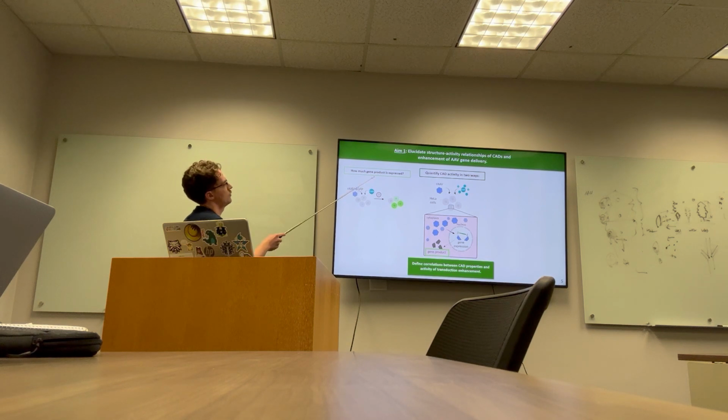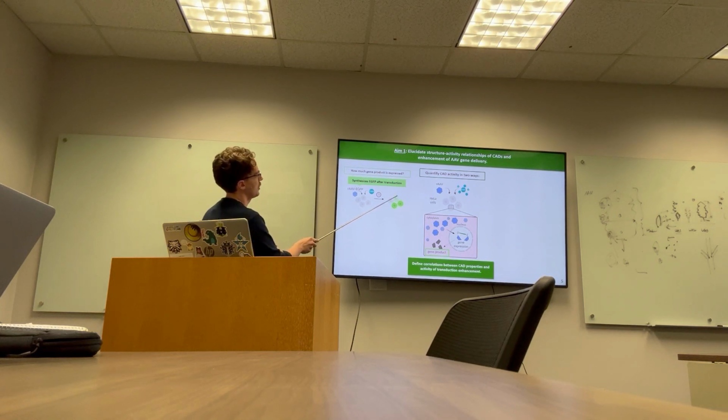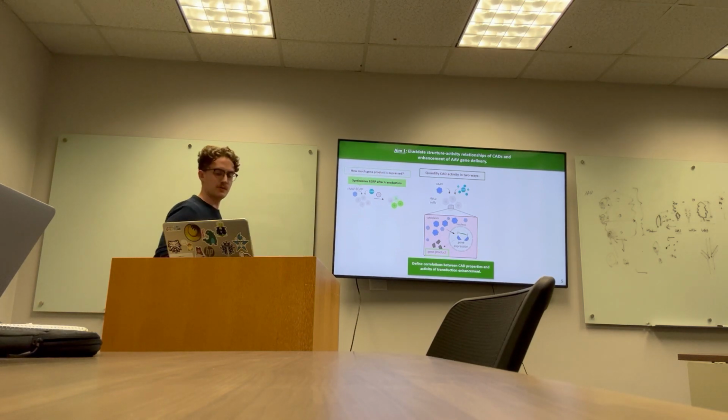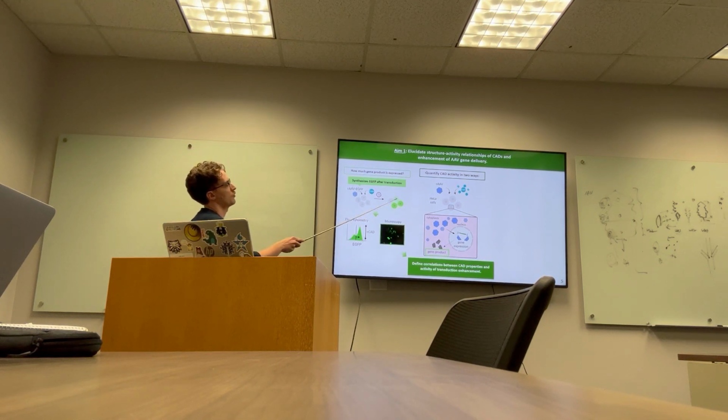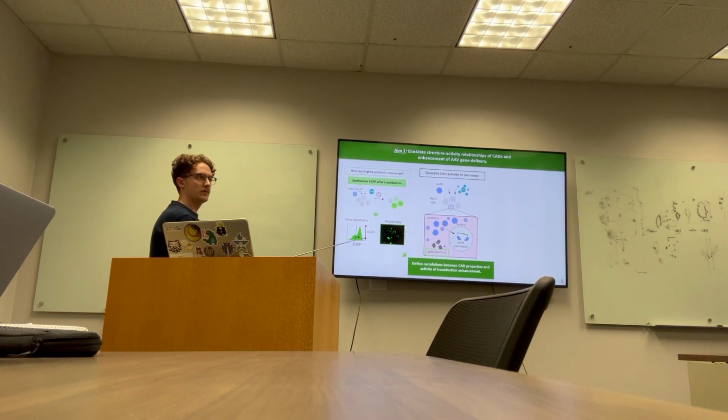Okay, so to see how much gene product is expressed, I'll use a recombinant AAV that, again, if there's transduction, we should see synthesis of GFP in our cells, right? So then we should have fluorescent green cells, or some population of them, and this will represent our transduced cells. Then I can use flow cytometry to identify the transduced population.